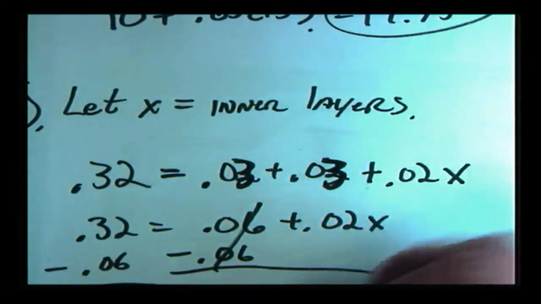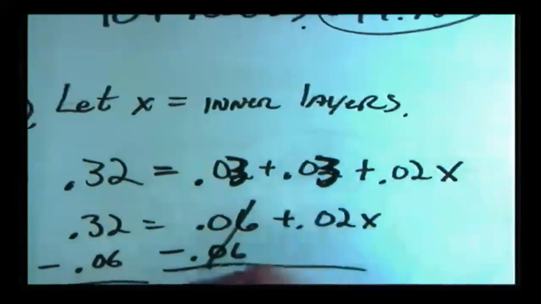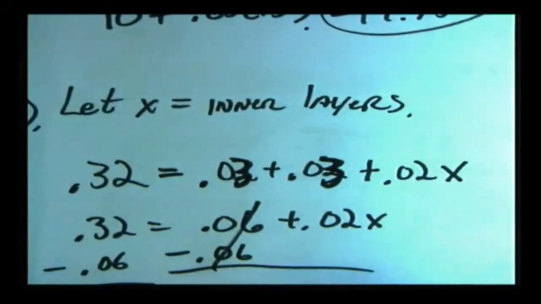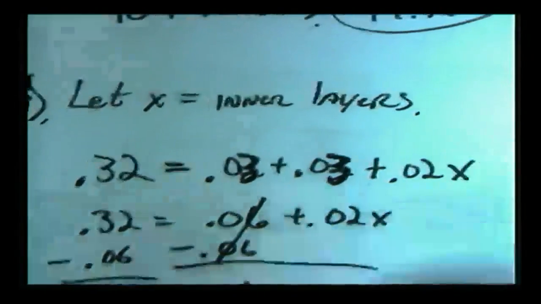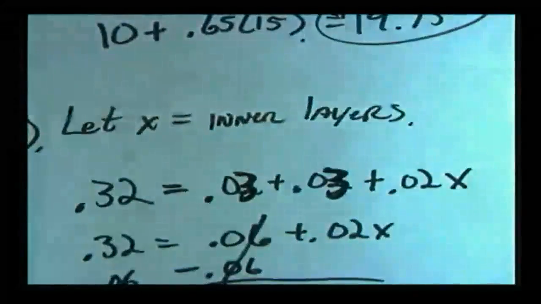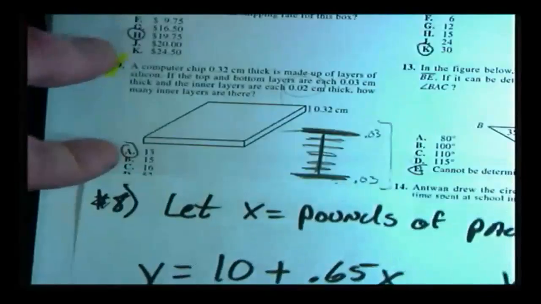Divide by 0.02 on both sides. And now x is equal to 13. And then, of course, we hope and pray that 13 is a choice. And there it is. A, 13.